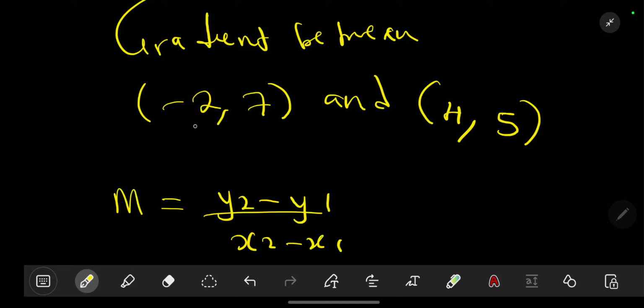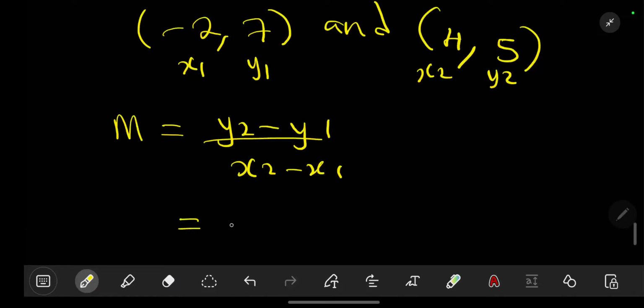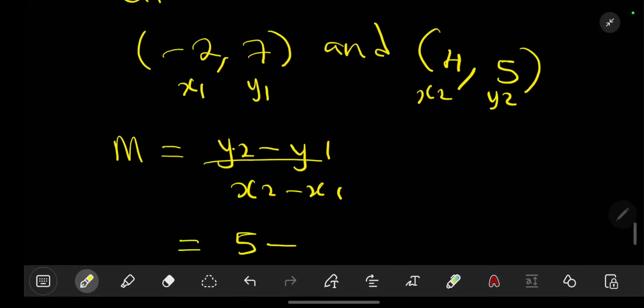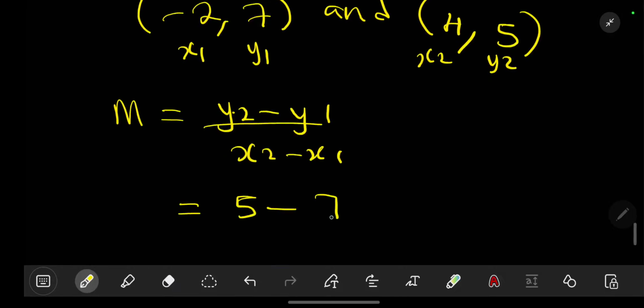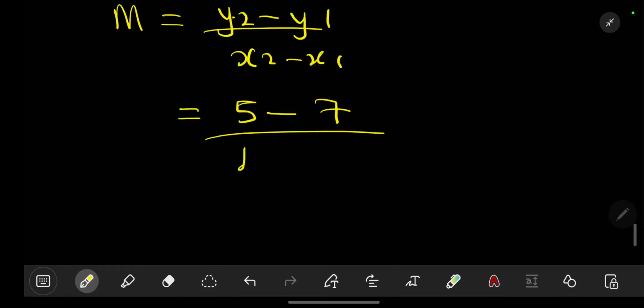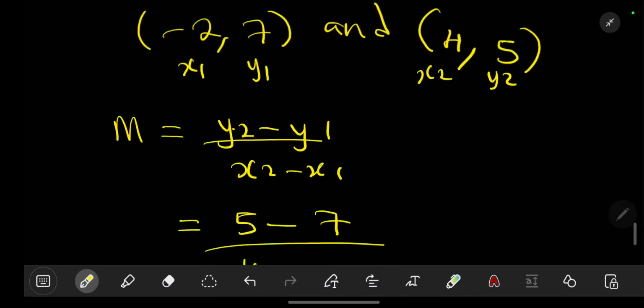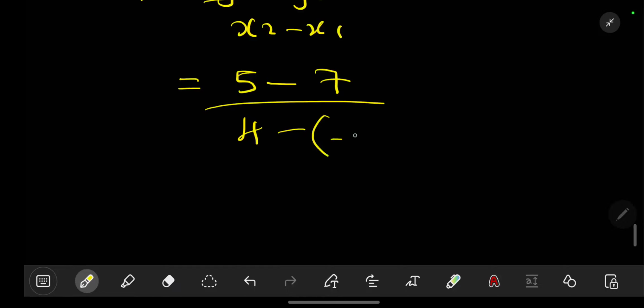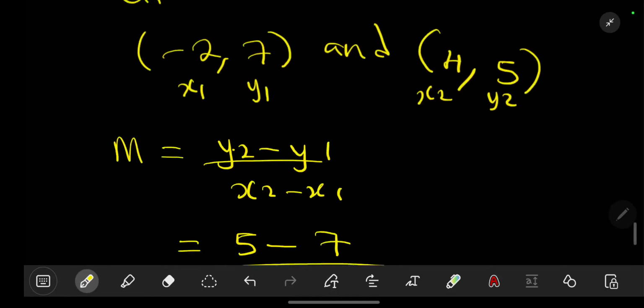So this is our x1, y1, x2, y2. So we have y2 equal to 5 minus y1 equal to 7, over x2 which is 4 minus x1 which is, open brackets, negative 2.